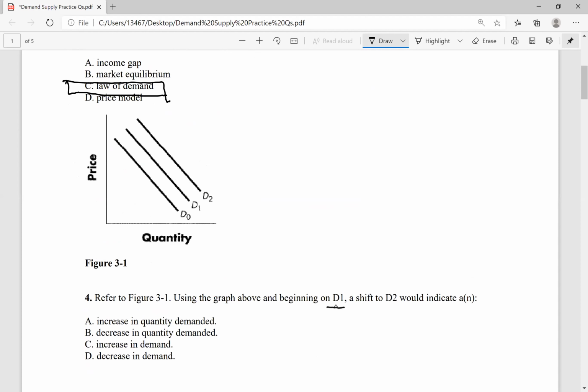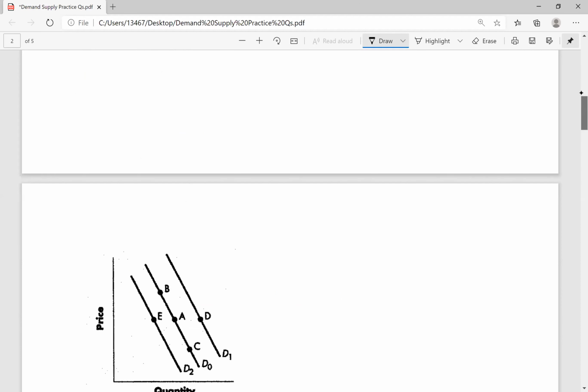Next one, the initial demand curve is D1. There is a shift of the demand curve to the right to D2. This indicates there is an increase in demand and definitely not an increase in quantity demanded. Whenever the demand curve is shifting, I'm not going to use the word quantity.